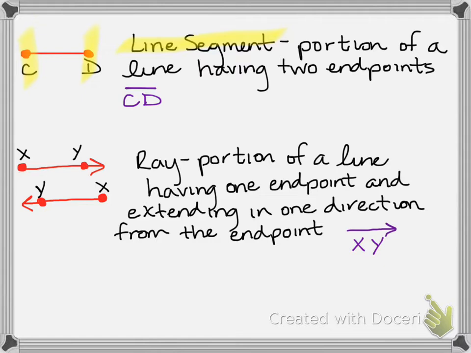If you were going to write it out, you would call it line segment CD. Just like with the line on the previous page, you write the letters from the points, CD, and you draw a segment over the top. Notice that my segment on top has no arrows. It's just a segment.